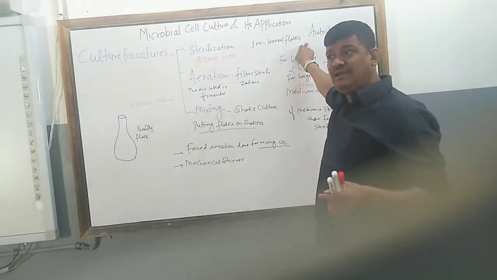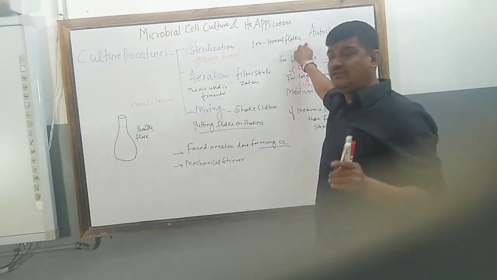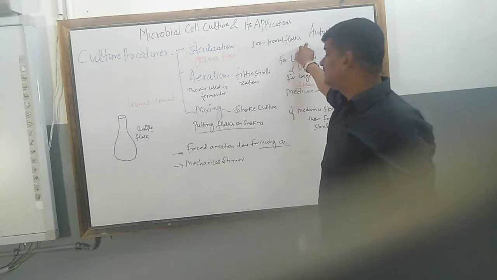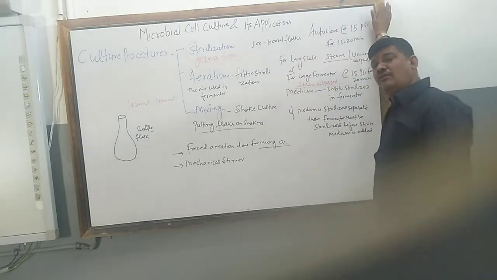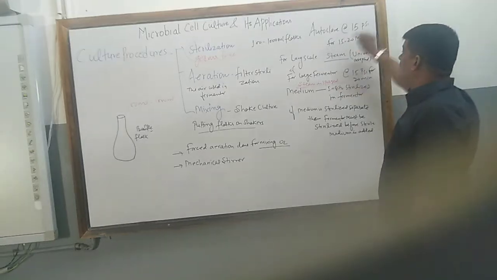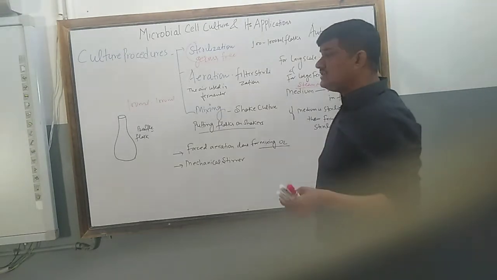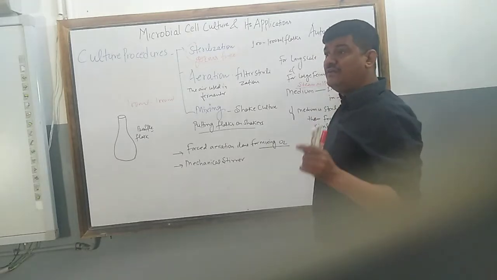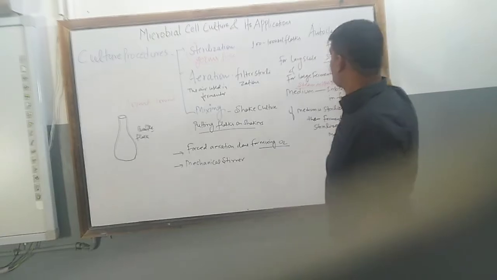By the process of autoclaving we sterilize the surfaces, using 15 pounds of pressure for 15 to 20 minutes.